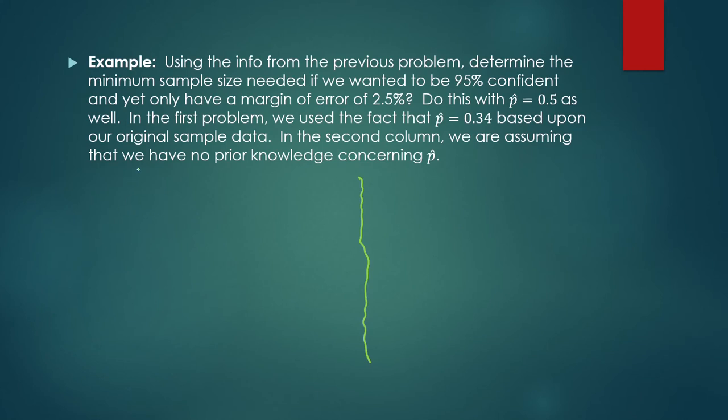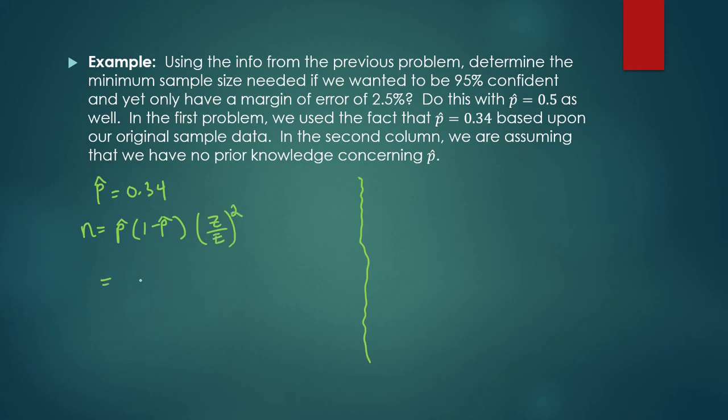One from a prior estimate. From the previous problem, we know that p hat is 0.34. And the formula for the sample size is n equals p hat times the quantity 1 minus p hat times the quantity z over E, squared.